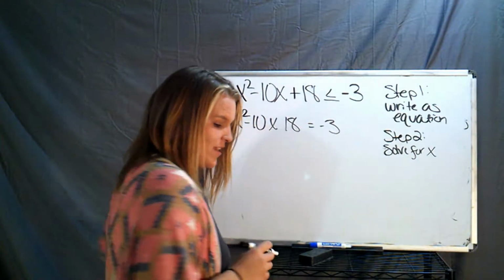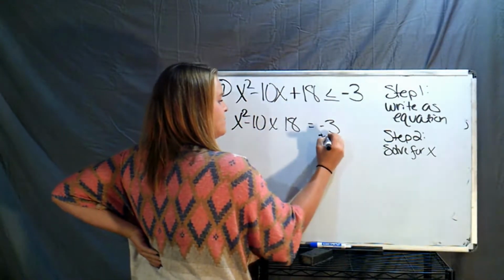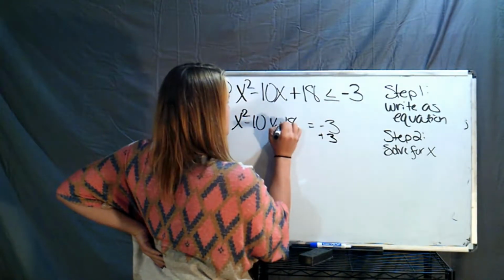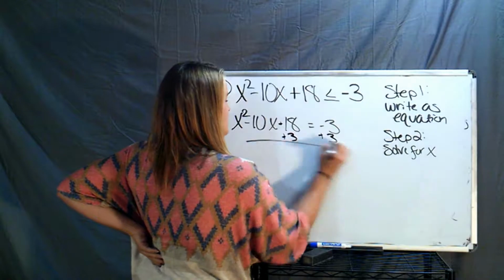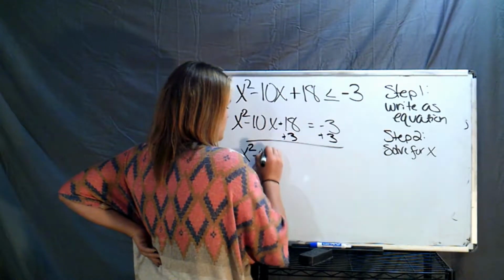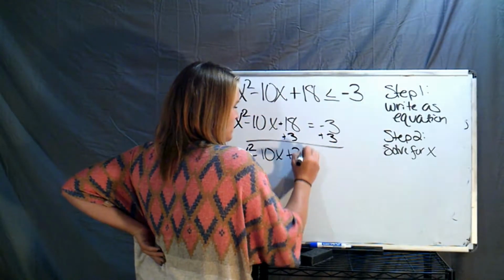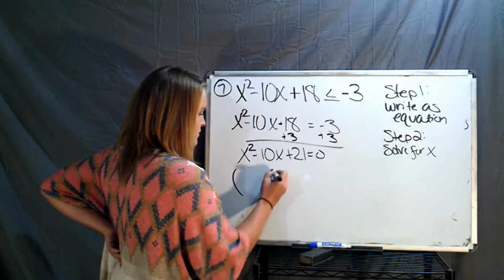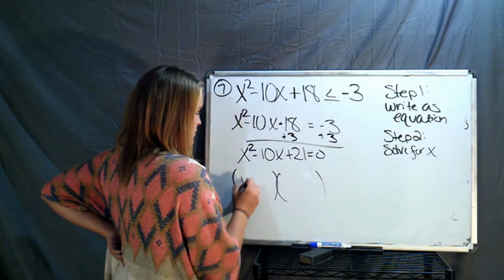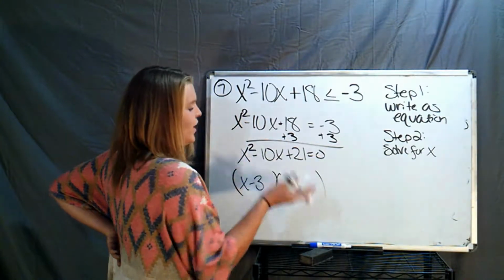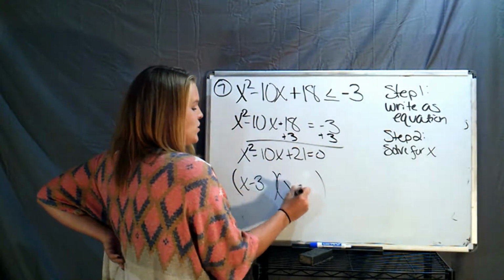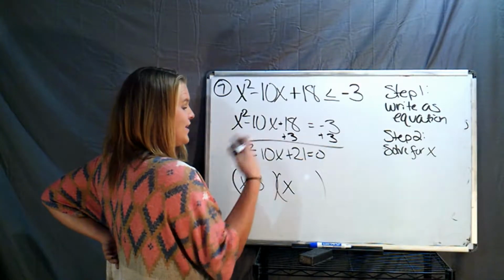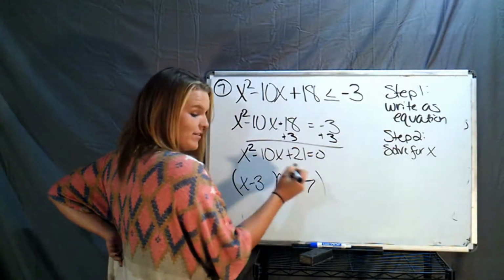Solving this for x, I'm going to bring my 3 over here. There's going to be a plus sign in there. And now I'm going to factor this. What things multiply to get 21 and add up to get -10? It'd be -3 and -7.